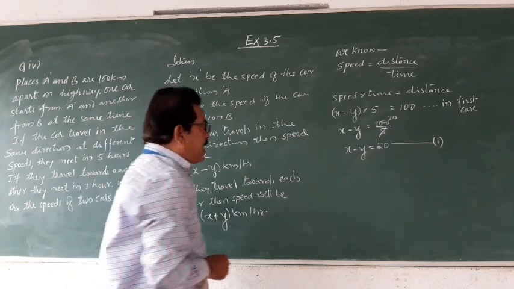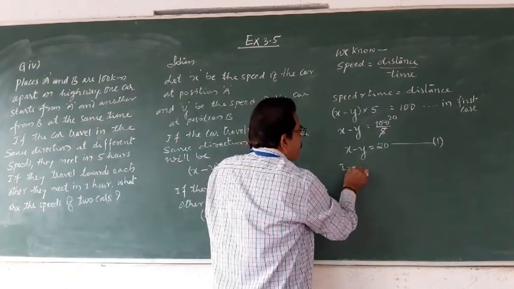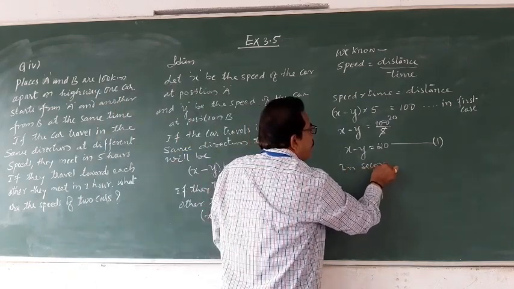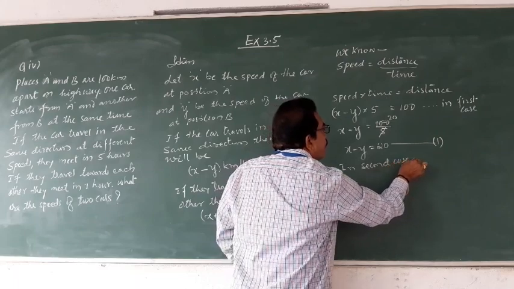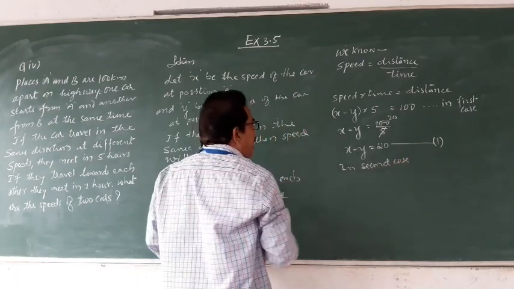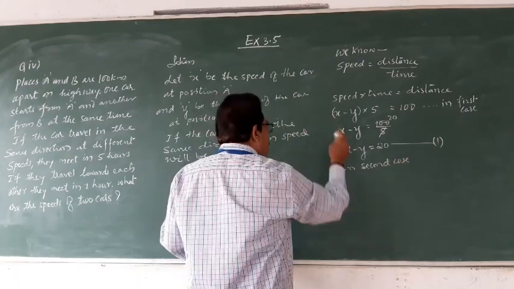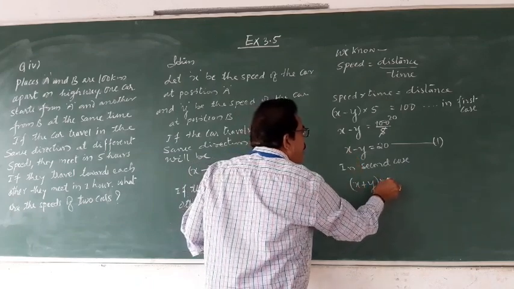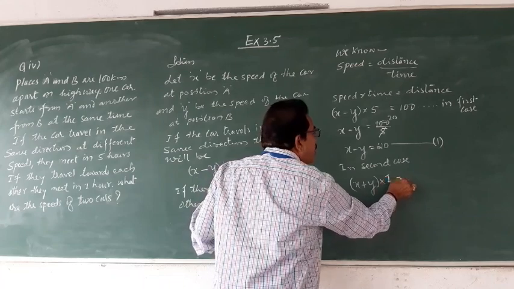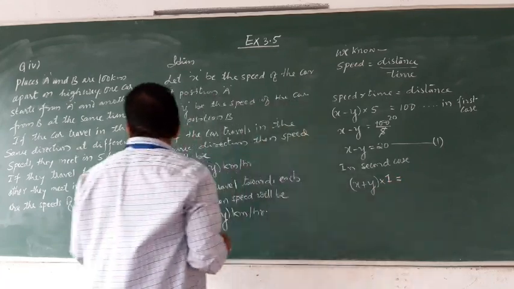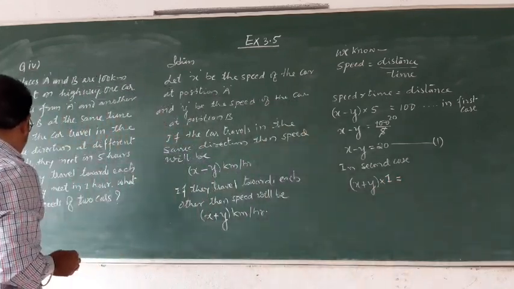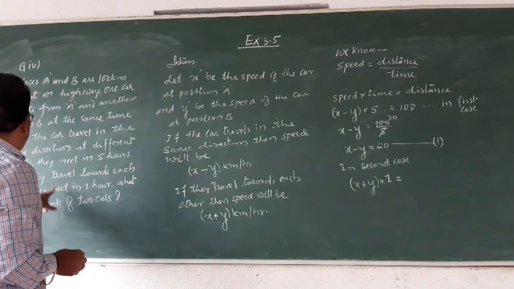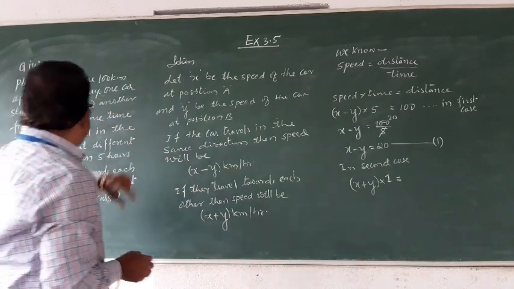Now in second case, speed x plus y into time 1 hour equals the distance, 100 kilometers.